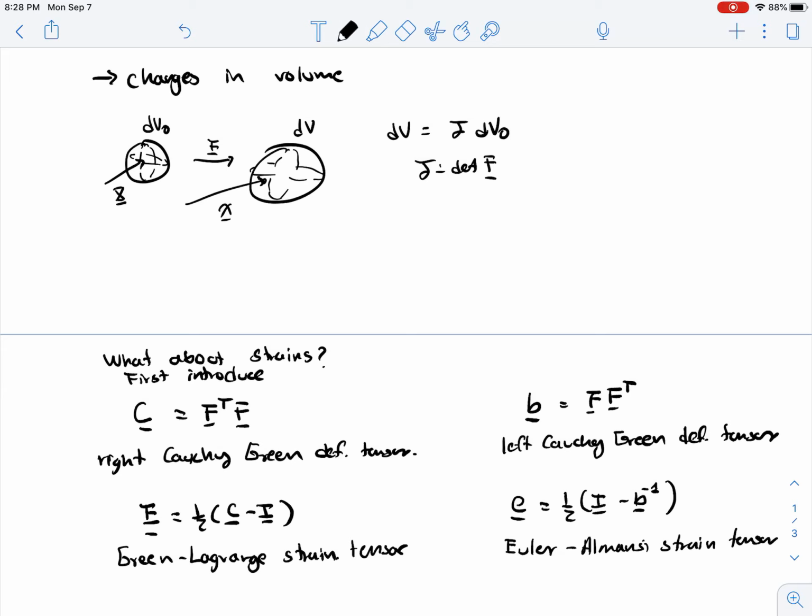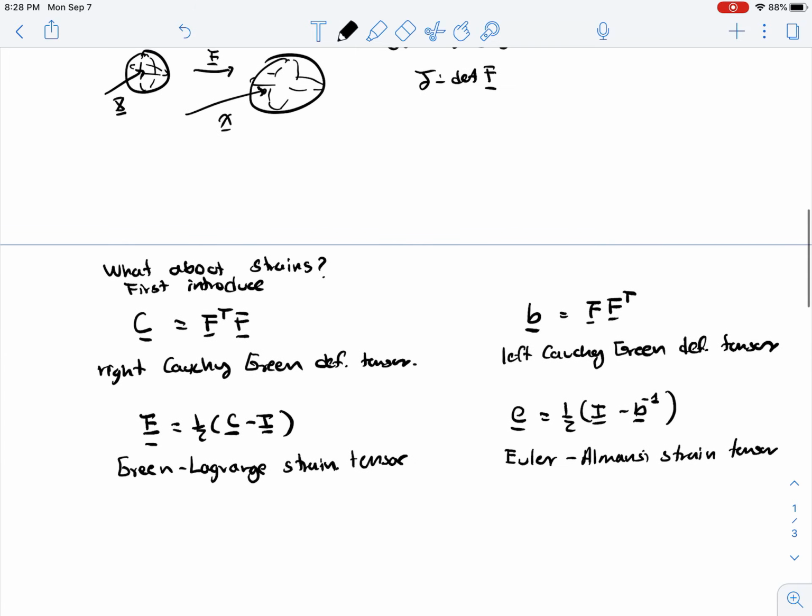I know I'm taking a detour talking about all the other things that I talked about last time, but I think it's important to reinforce some of the basic ideas about reference configuration, deformed configuration, deformation map, deformation gradient, changes in length, area, and volume, and then right Cauchy-Green deformation tensor, left Cauchy-Green deformation tensor, and the strains. And if you notice, I typically use capital case for tensors.